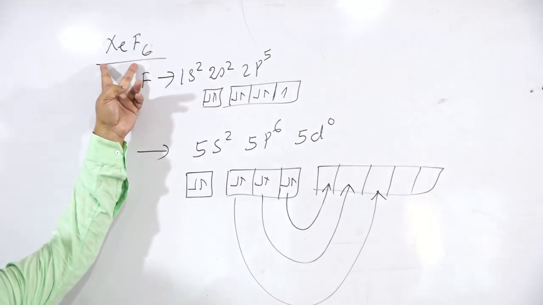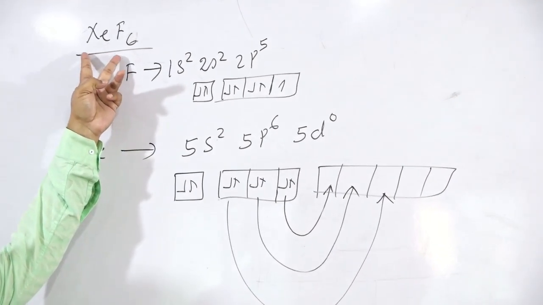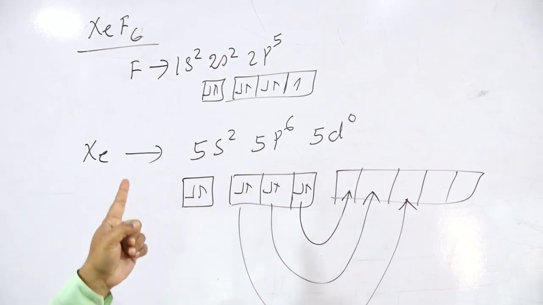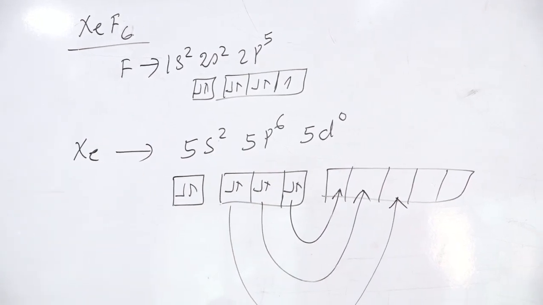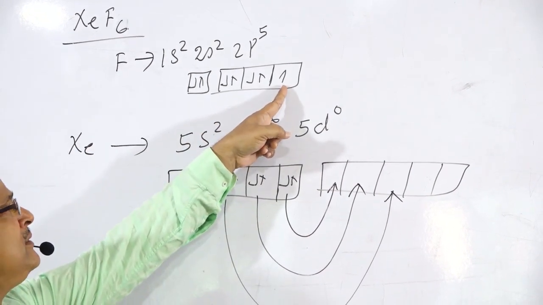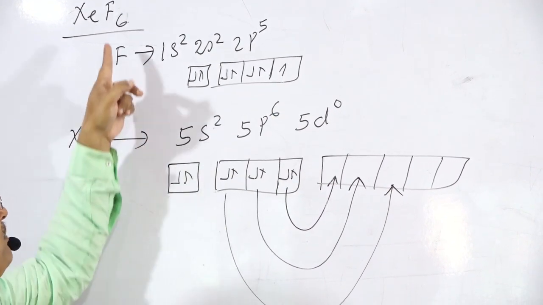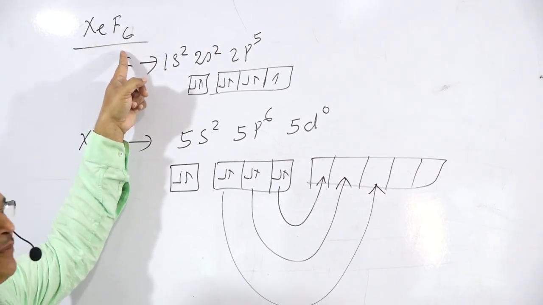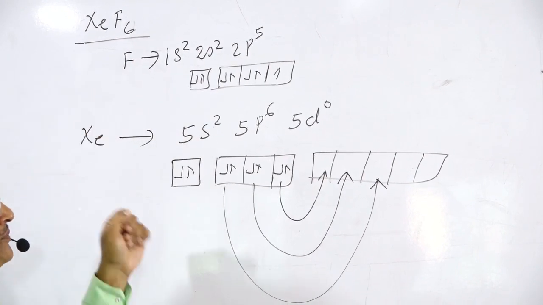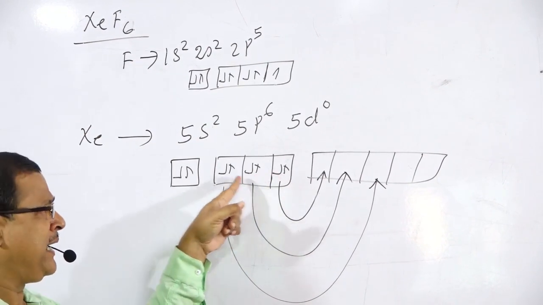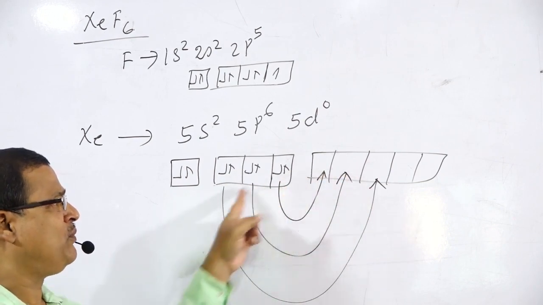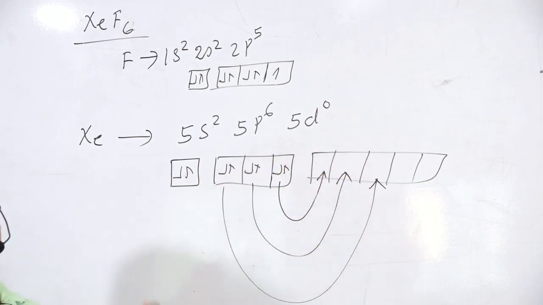By applying the formula, we can determine the hybridization of the central atom: sp3d3. The fluorine atom contains 1 unpaired electron. The xenon atom must have 6 unpaired electrons to form xenon hexafluoride. So 3 electron pairs, with 1 electron from each promoted, form 6 unpaired electrons.